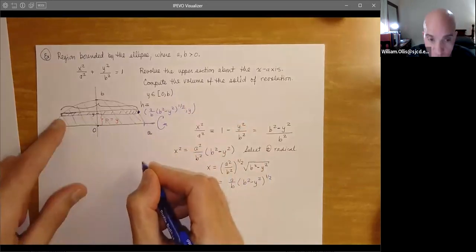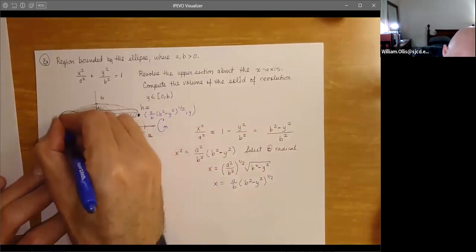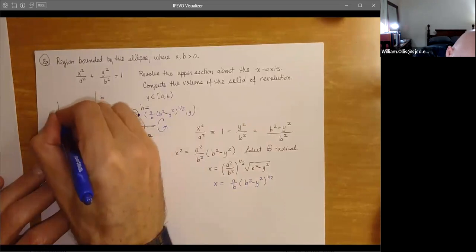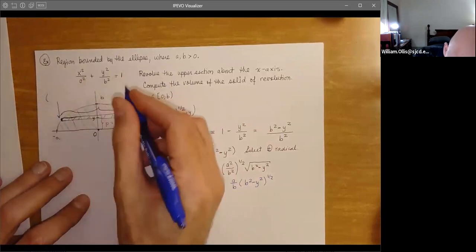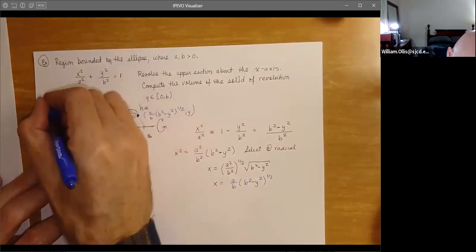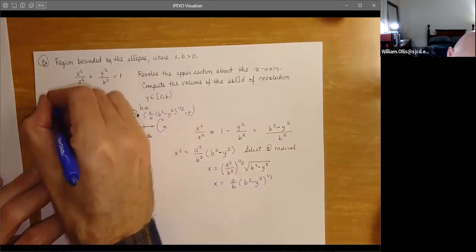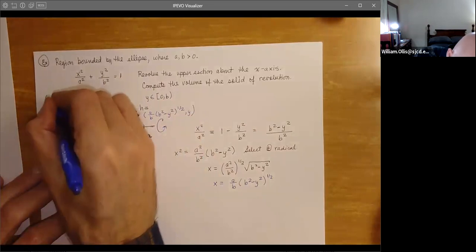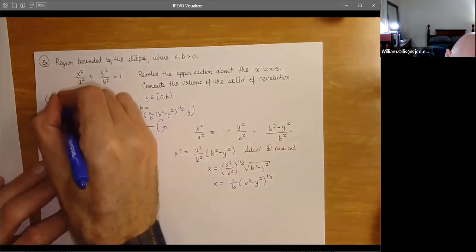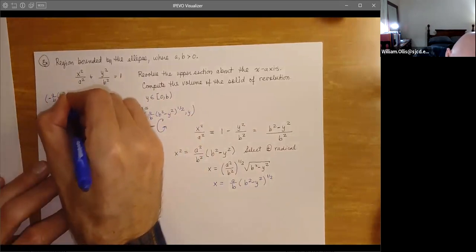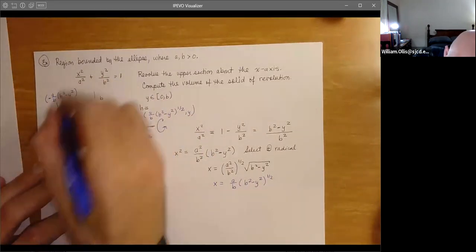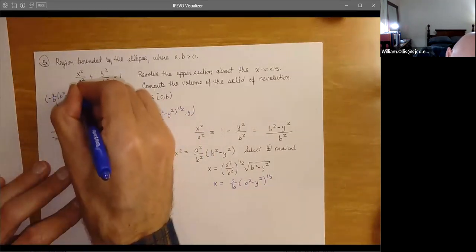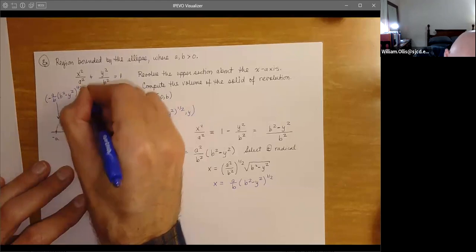And then of course over here we get the negative, just to remind you what we're doing. So here we have the y, but we have the negative: a over b times the square root of b squared minus y squared, comma y.